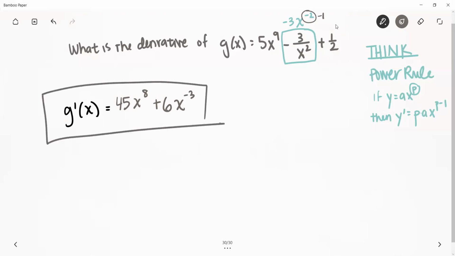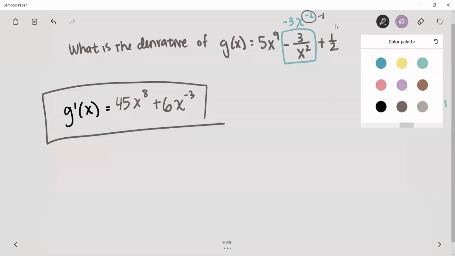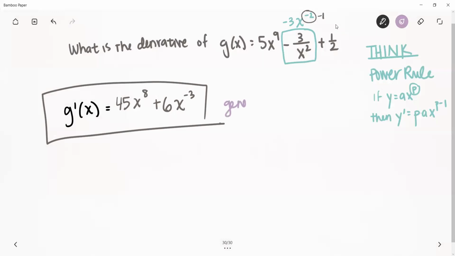So this is my derivative, and that's all I have to do, because again, the derivative is asking for a general answer. And this is general because I haven't picked an x location. Right? It works for any x. Done.